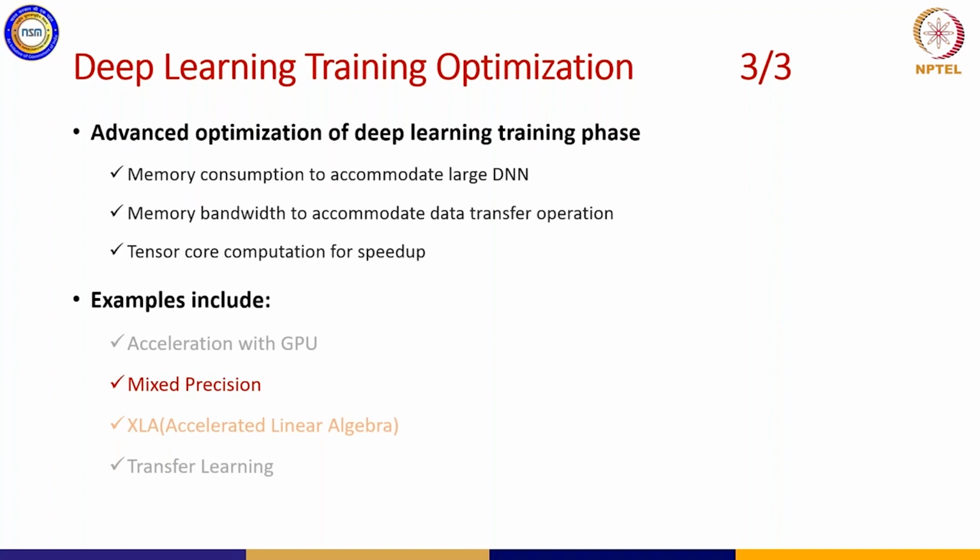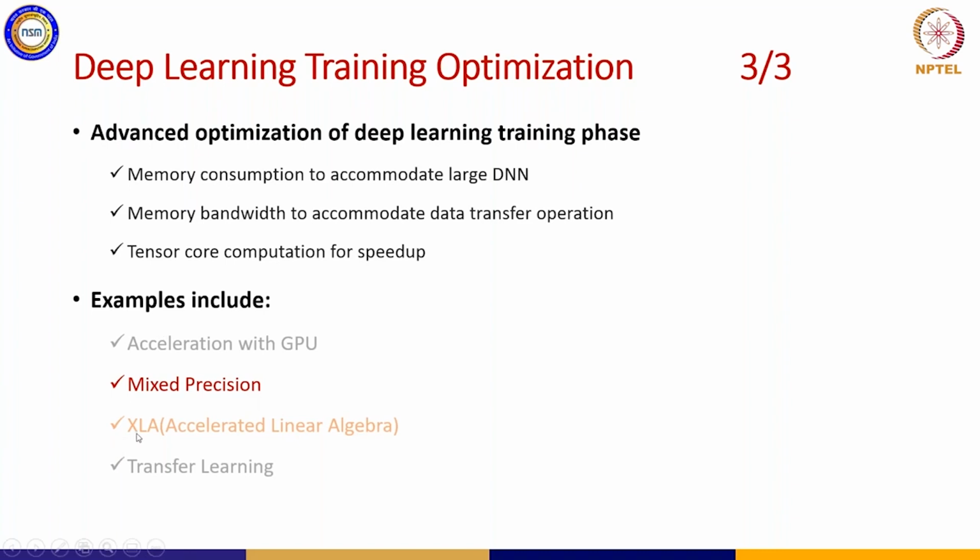How do you make use of advanced optimization that can give you all these attributes? An example is to use GPUs: you accelerate with GPU. That's one level of advanced optimization. Another one is mixed precision, which we are going to focus on today.